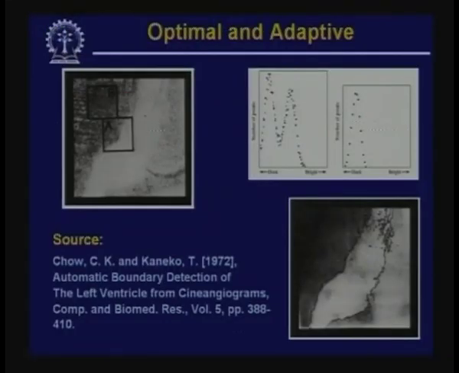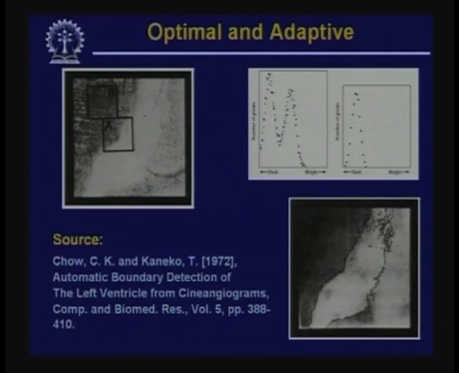So, for this optimal thresholding, each image was divided into a number of sub images like this. For each sub image, the histogram was computed, and the threshold was computed for those sub images which show a bimodal histogram like this.